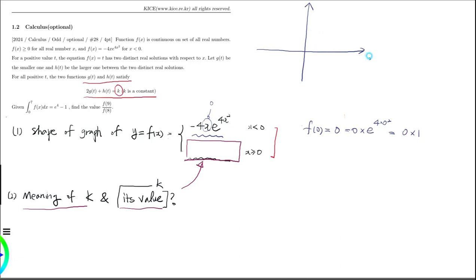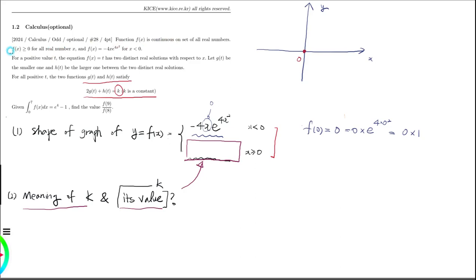So this function goes through the origin, and this is defined on the set of all real numbers, and this is a non-negative function.